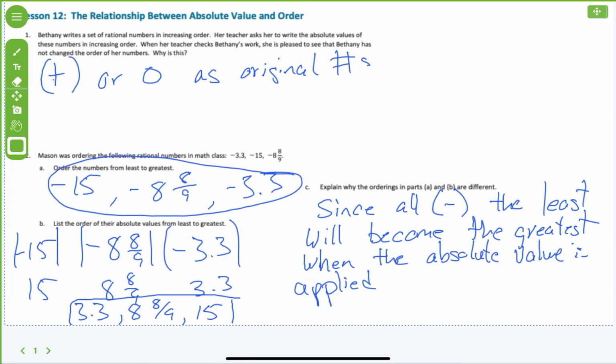Which would also mean that the greatest would then become the least since they're all negatives to begin with. Okay?